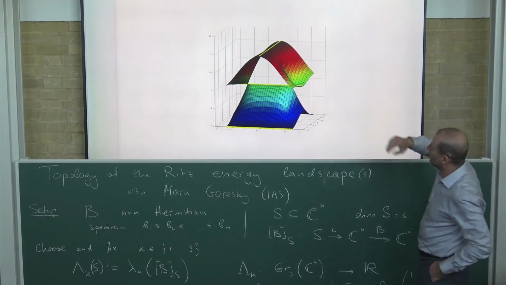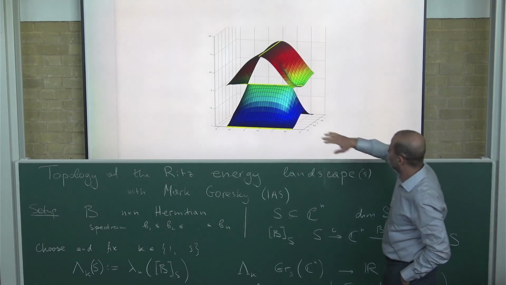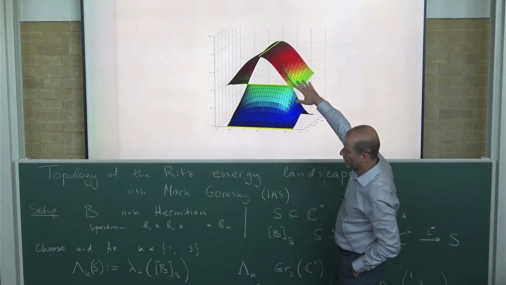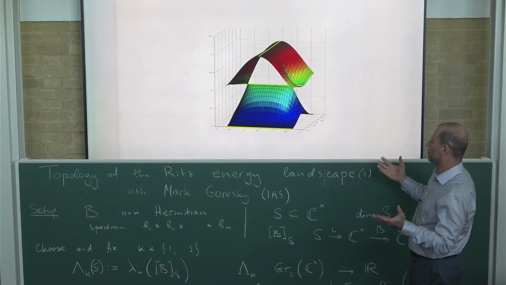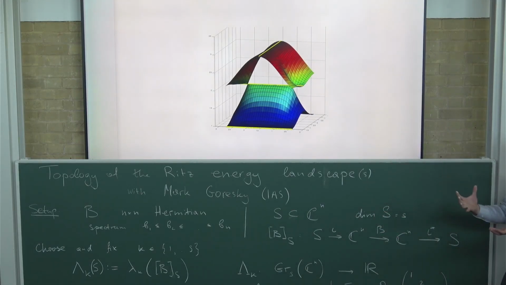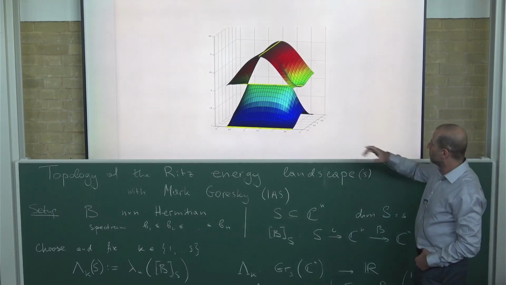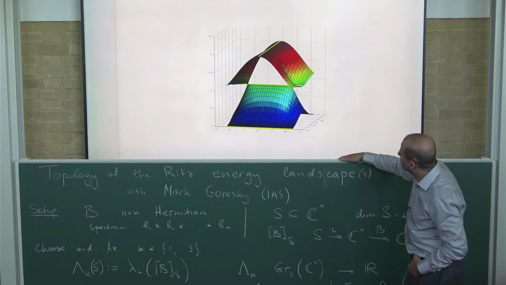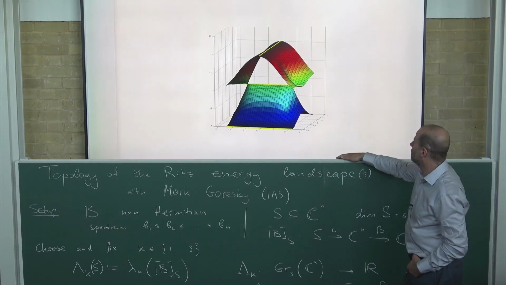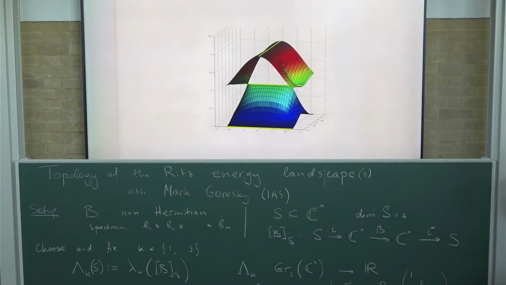These are both eigenvalues here, the lower eigenvalue and the upper eigenvalue. Somehow I introduce Cartesian coordinates on my Grassmannian. It's a projective space, a projective plane, but somehow I introduce Cartesian coordinates.